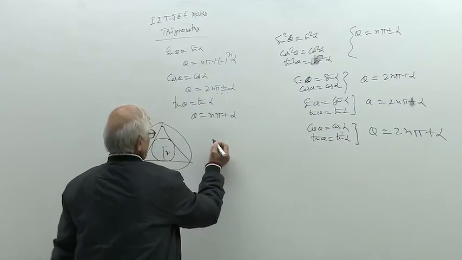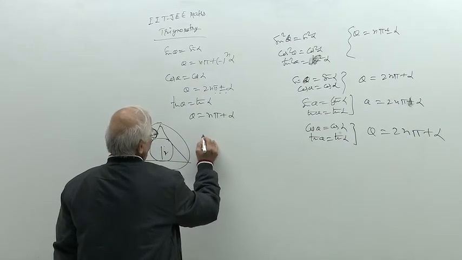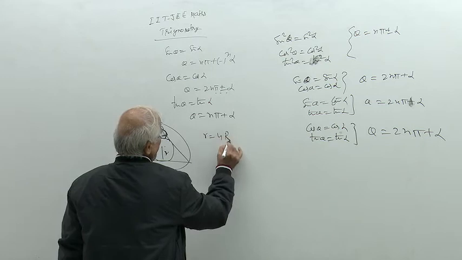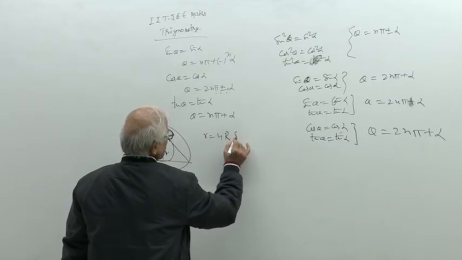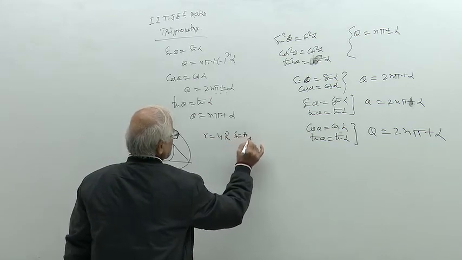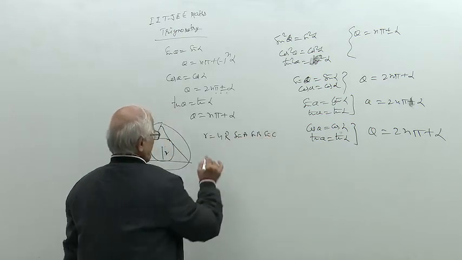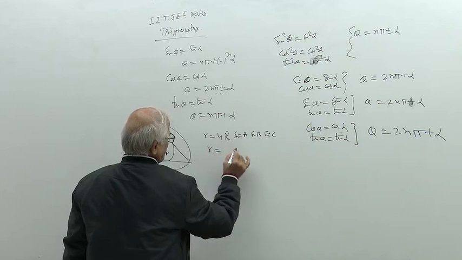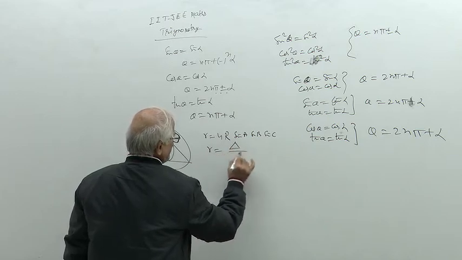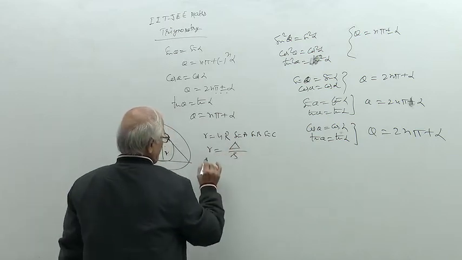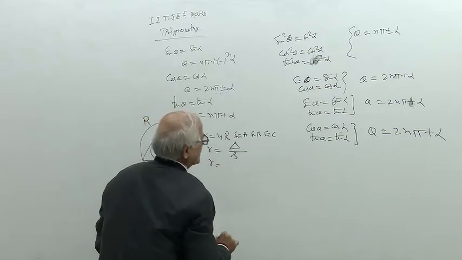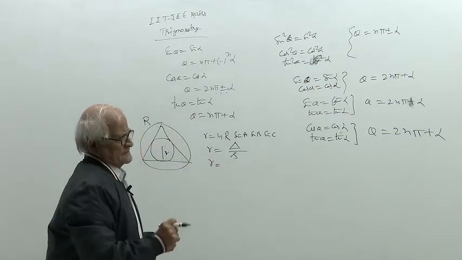We know the area. Now we know R is equal to 4R sin A, sin B and sin C. We have this formula. The r means area of the triangle upon S. And r also we give many formulas.